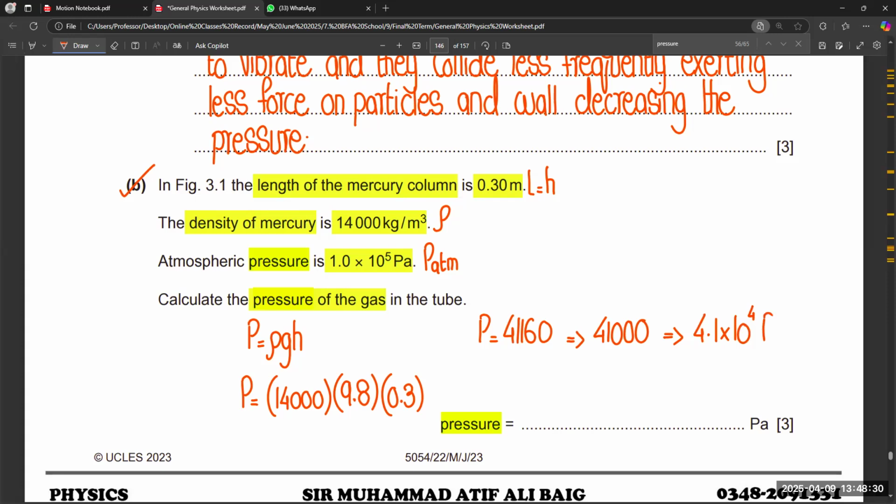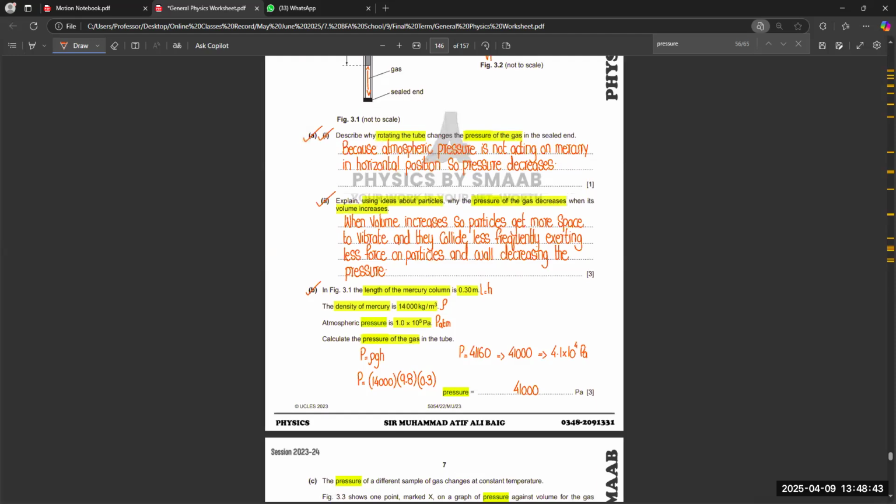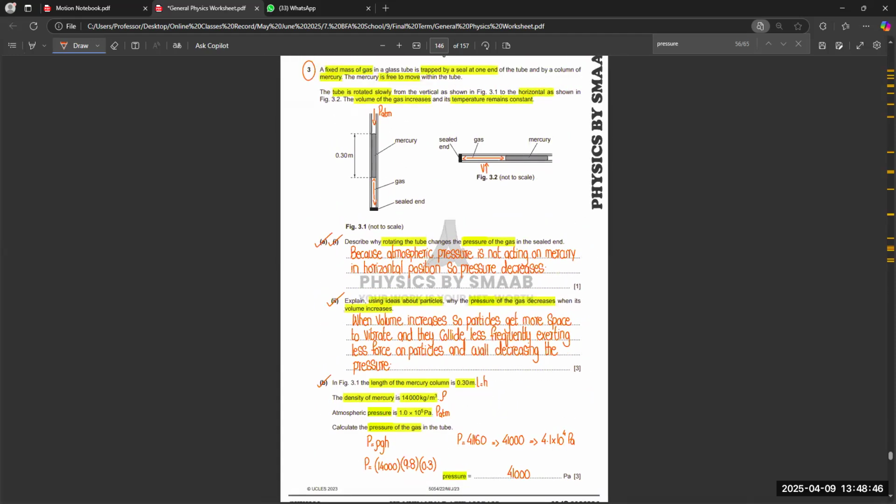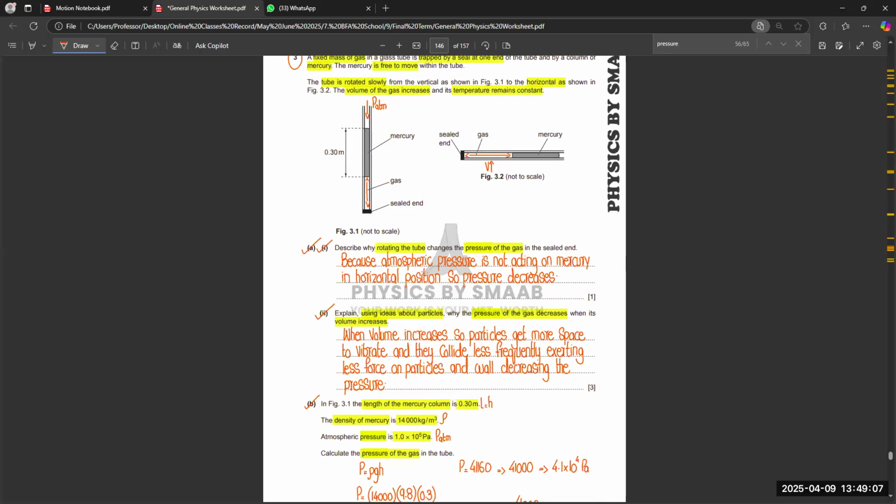So it's your choice. Any confusion, any doubt in this question?